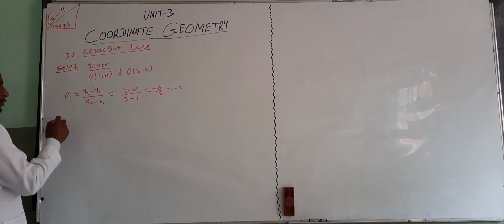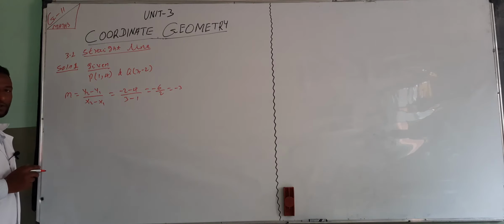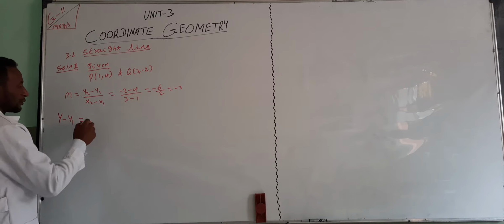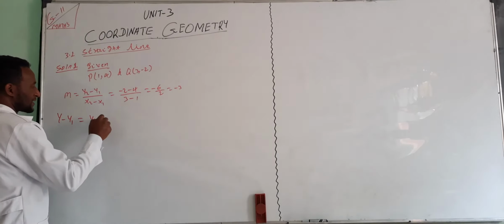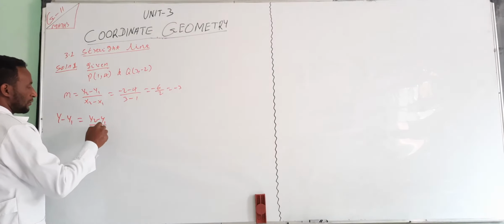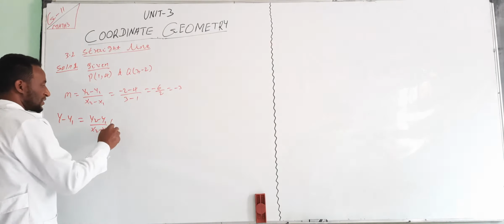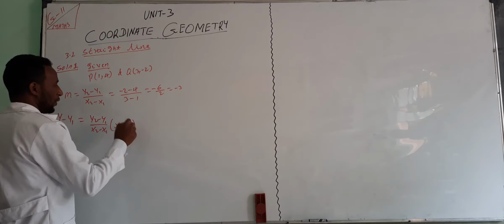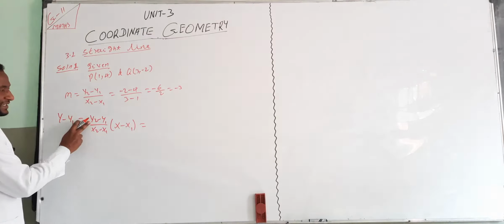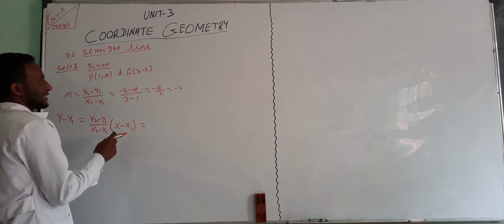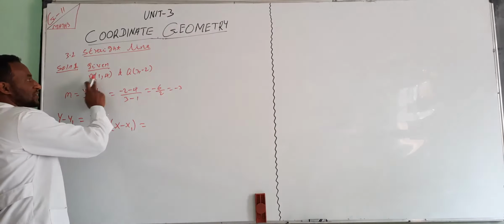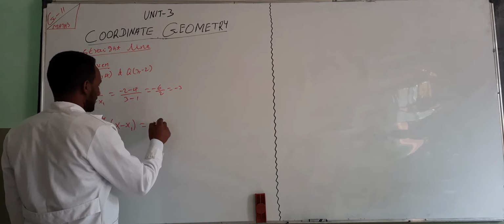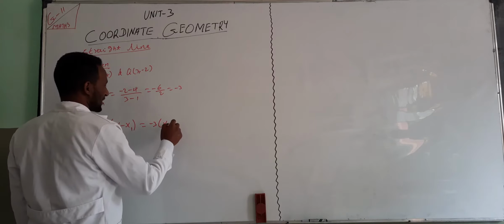Then when we write the equation of the line, y minus y1 is equal to (y2 minus y1 over x2 minus x1) times (x minus x1), where this is the slope of the line that passes through P and Q. Therefore, -3 times (x minus x1).